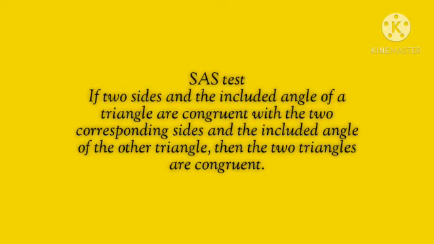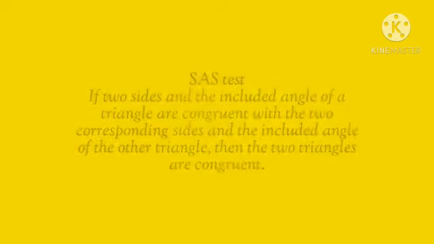SAS test. If two sides and the included angle of a triangle are congruent with two corresponding sides and the included angle of the other triangle, then the two triangles are congruent.